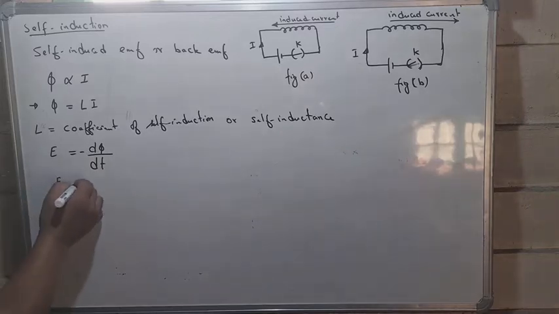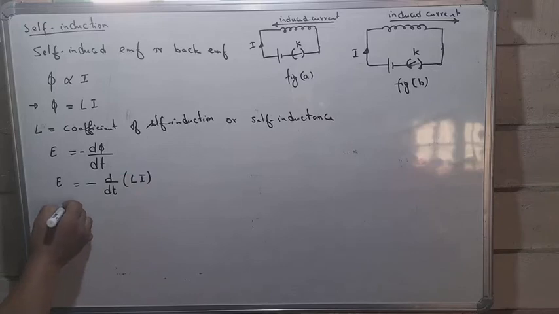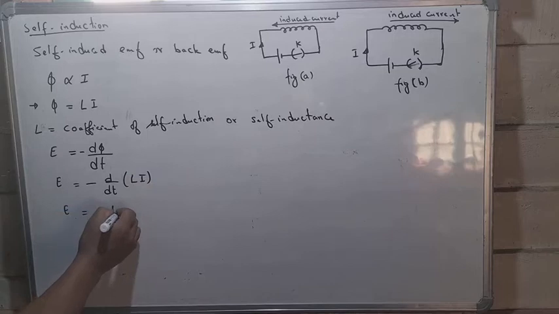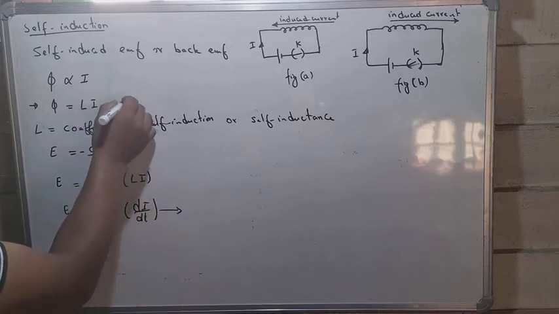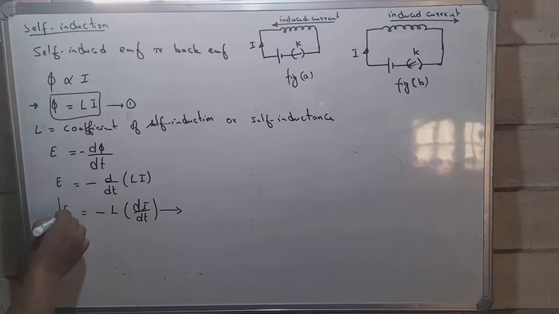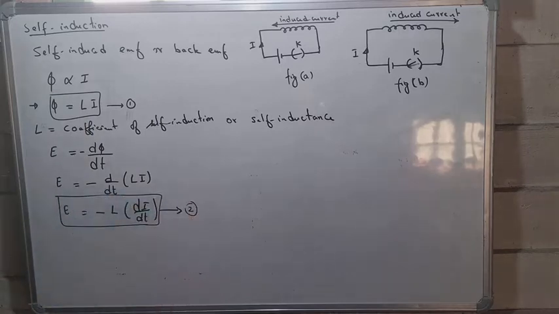Substituting the value of phi, E equals minus d by dt of L I. Because L is a constant, I will take it outside and differentiate only the current: E equals minus L di by dt. I'll name this as equation 1 and this as equation number 2. From these two equations we will define self-inductance.